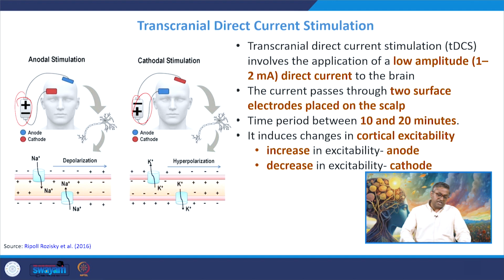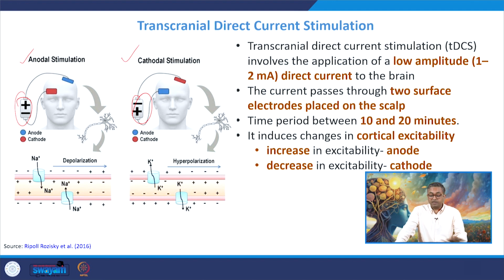One stimulation is the anodal stimulation, which has the hyperpolarizing effect, as we discussed yesterday or in the previous lecture about the action potential, the hyperpolarization, repolarization, and then the depolarization effect. And then the cathodal stimulation effect is there.